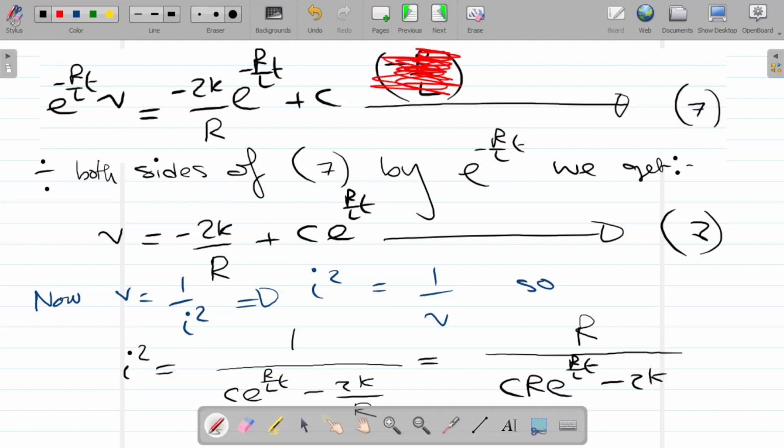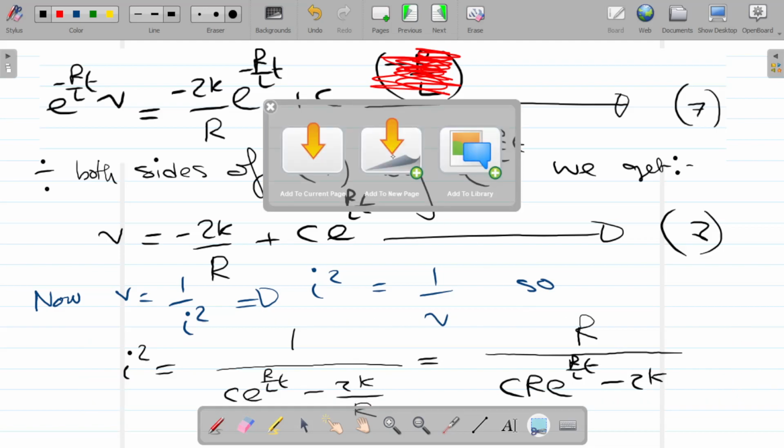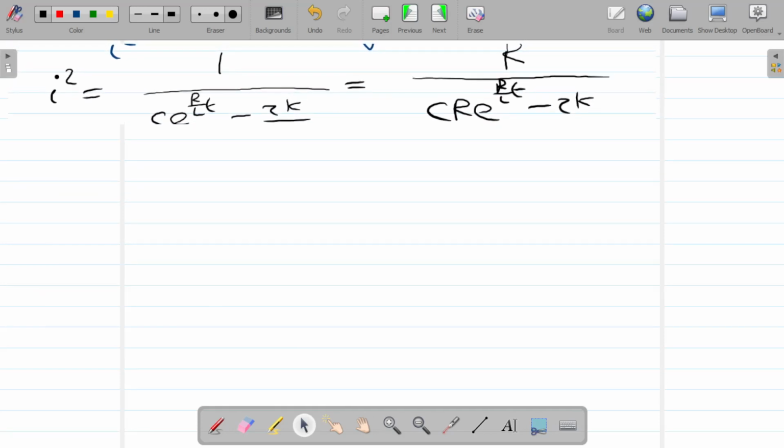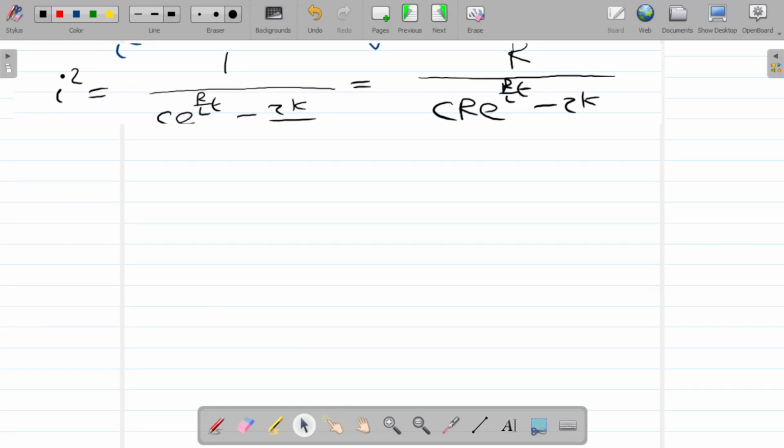Let's bring back the stylus and cut and paste all of that up there, so we'll just write it here. I squared equals R over C R e to the R over L times t minus 2K.